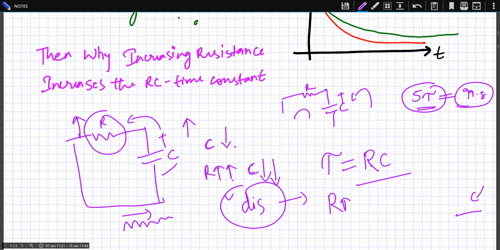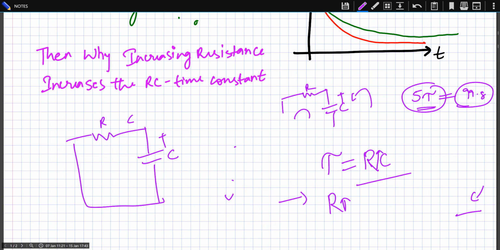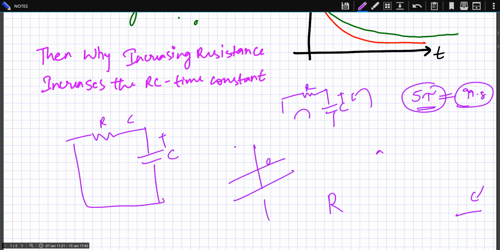So the correct way to think about it is, see, what does a capacitor do? Let's analyze a capacitor's behavior from the very basic. What is a capacitor? It is just a plate with charges upon it. The distance between the capacitor plates is fixed.